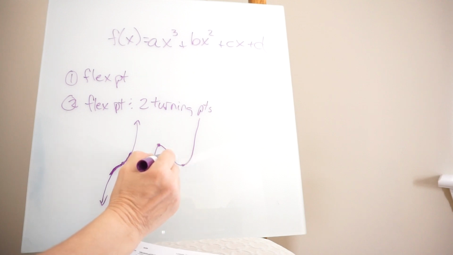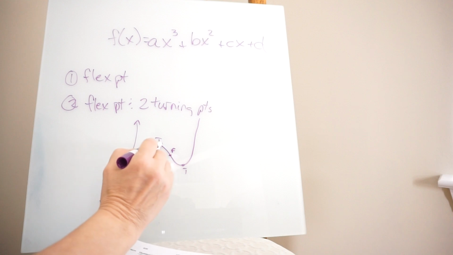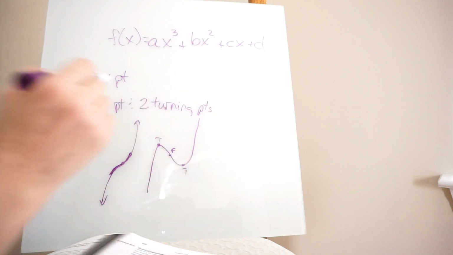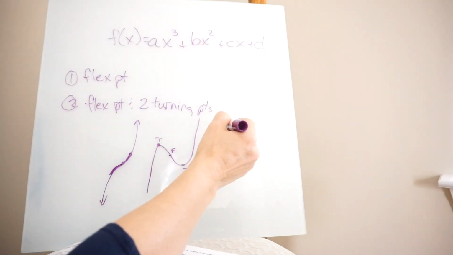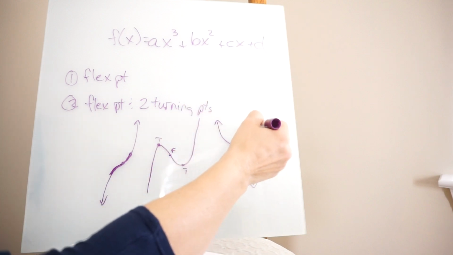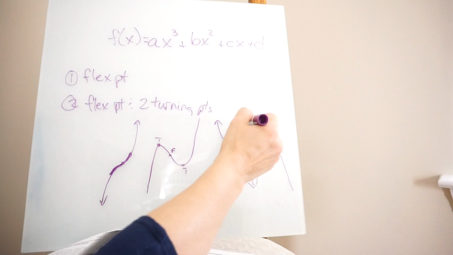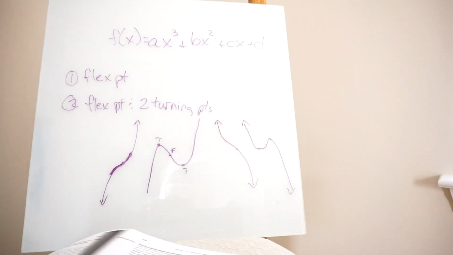And the inflection point would be somewhere in here, where it's still going down, but it's going from face down to face up at some point. So it can look like that. It can also look like this, where it has just an inflection point, or it has two turning points and an inflection point as well.